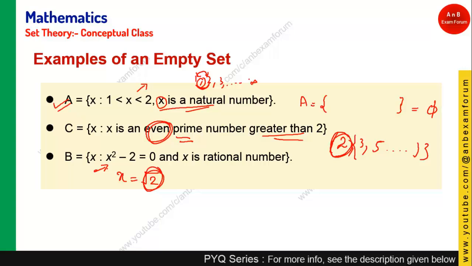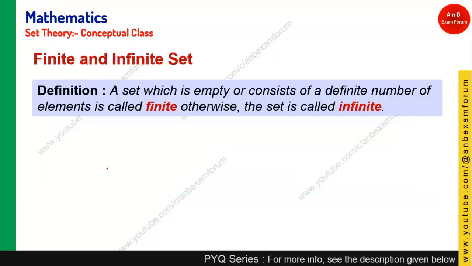Let's see the next definition: finite sets and infinite sets. A set which is empty or consists of a definite number of elements is called finite, otherwise it is called infinite. As the word suggests, finite is having a definite number of elements.